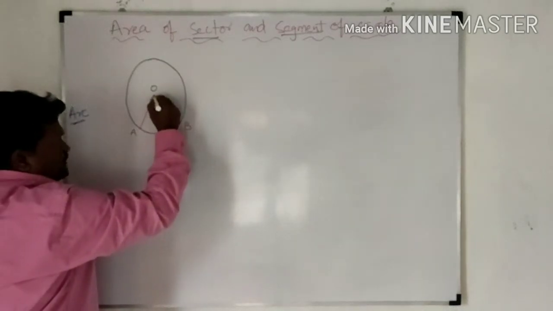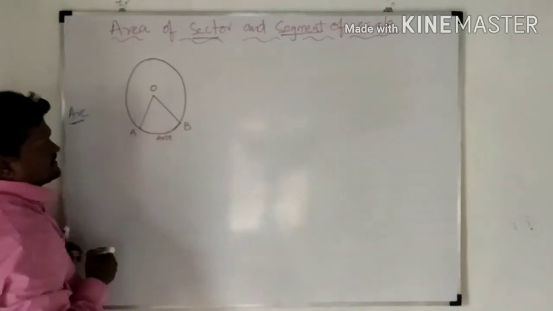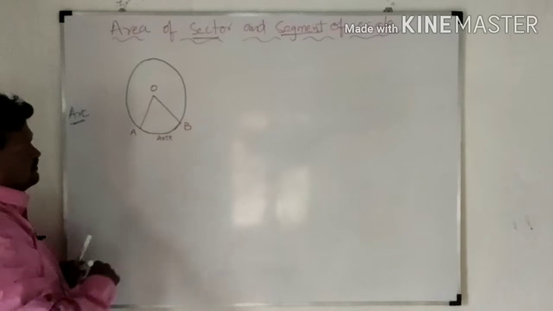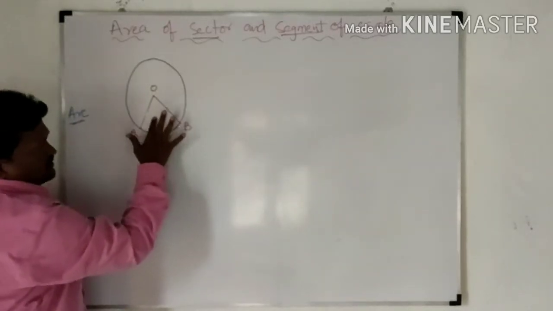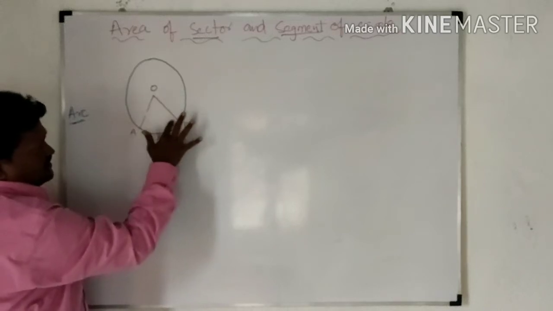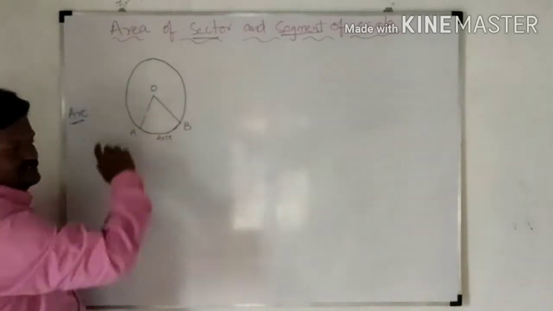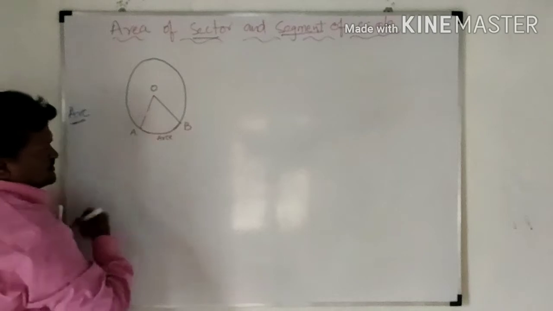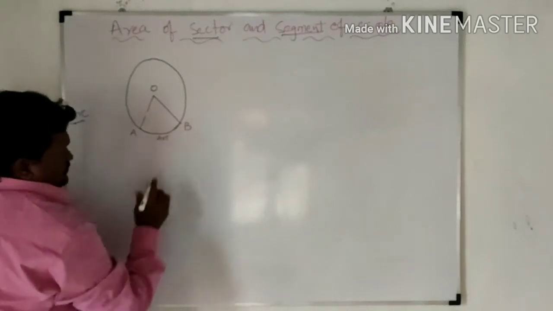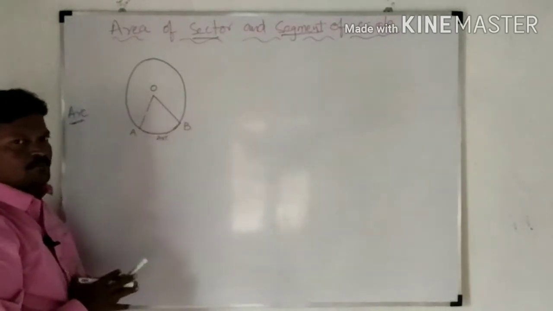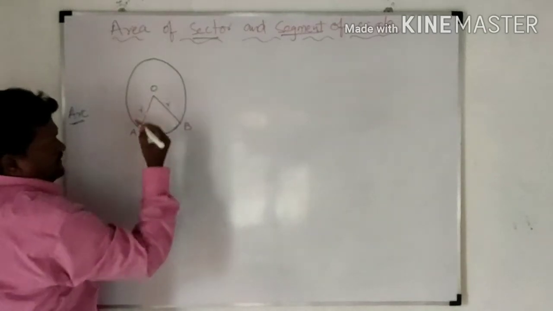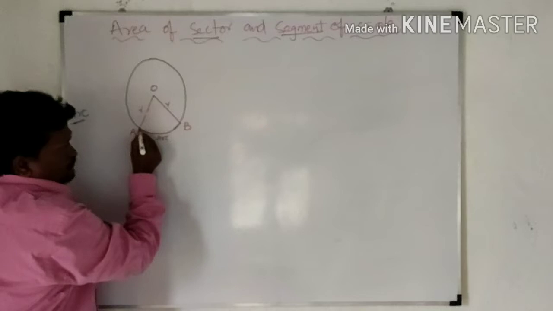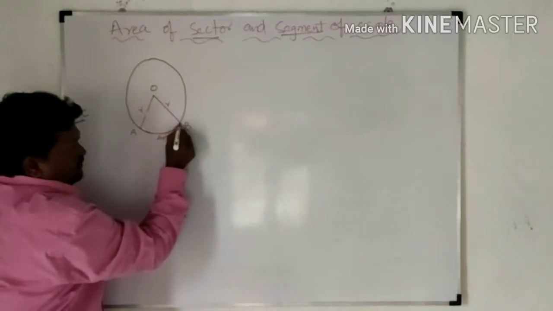If you join OA and OB, we will get some part of the circle. Okay. This area, this one, is called a sector of this circle. See here how this sector is formed by 2 radii and its corresponding arc.